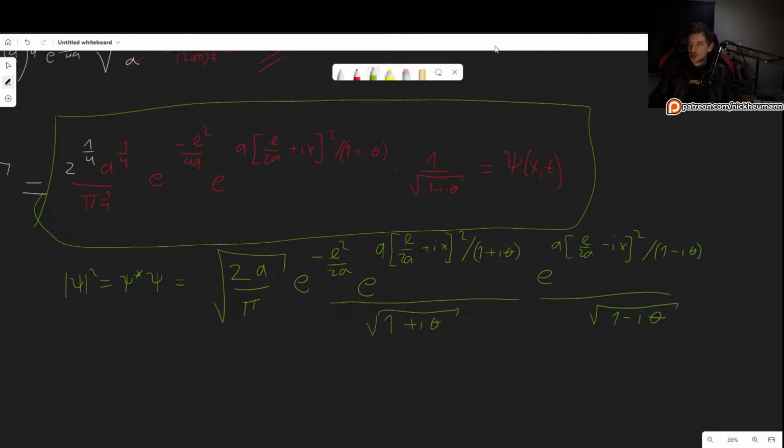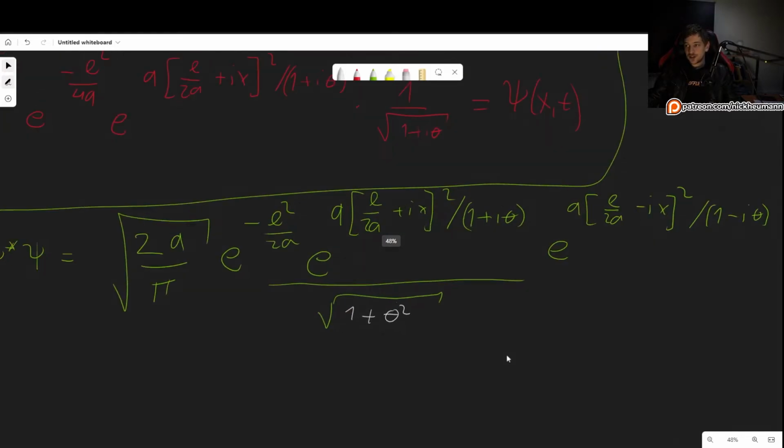These square roots are quite simple: we have 1 plus i theta times 1 minus i theta, so this is the square root of 1 minus i squared theta squared. So we get 1 plus theta squared.